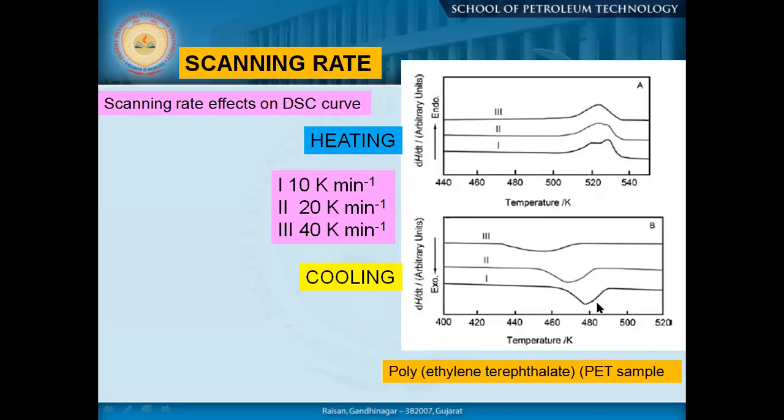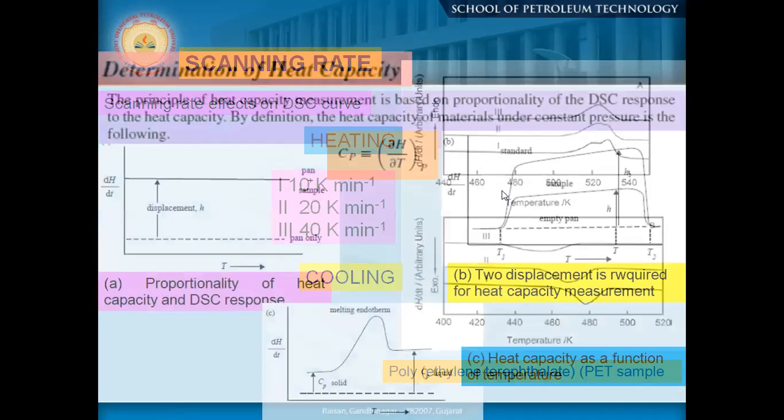During cooling, this is a polymer sample. At a low cooling rate, the temperature of the change is somewhat higher, whereas for the second and third cooling rates the graph has completely changed. Sometimes it is impossible to understand where the main event is occurring. This is the effect of heating rate.